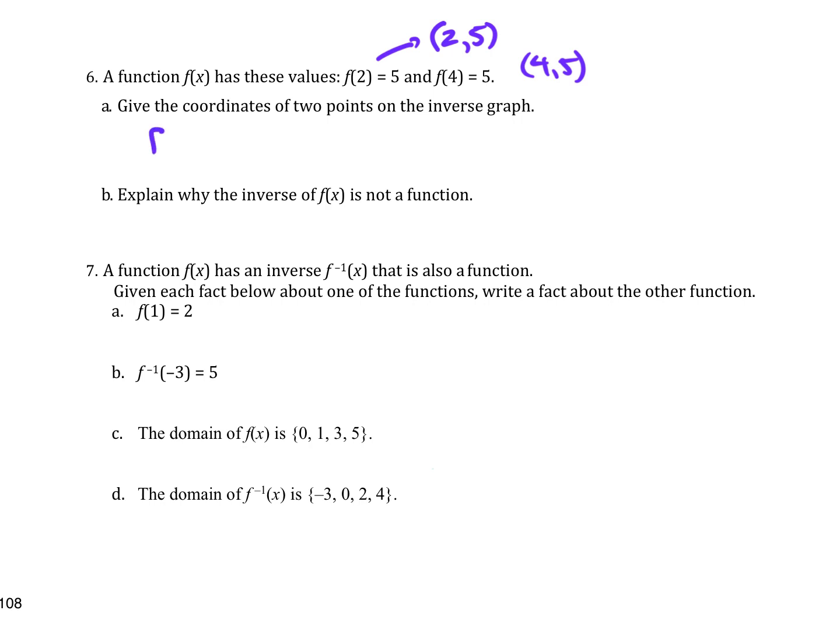So that means I would have a point f inverse of 5 is now 2, and f inverse of 5 is 4. Part B asks us to explain why the inverse of f of x is not a function. Well, if you looked at those 2 points as ordered pairs on the inverse, you would recognize that when you graph them, they do not pass the vertical line test.